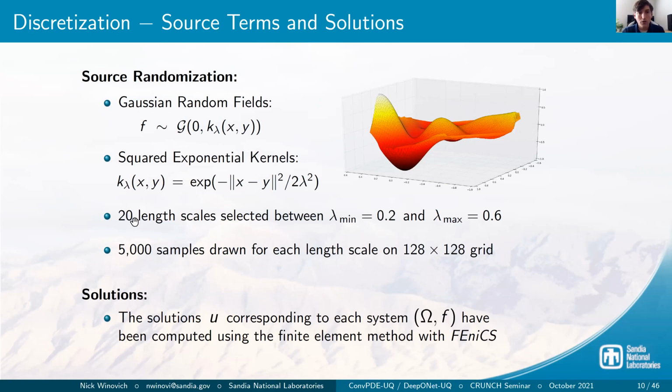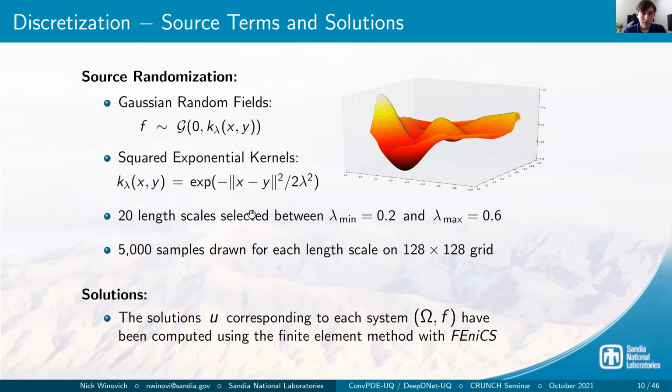But we also consider a number of different length scales just to see how the performance changes with respect to the difficulty of the problem. The lower length scales are more difficult, more oscillatory, and the highest length scale is for the easy problems where the functions are smooth or very smooth.